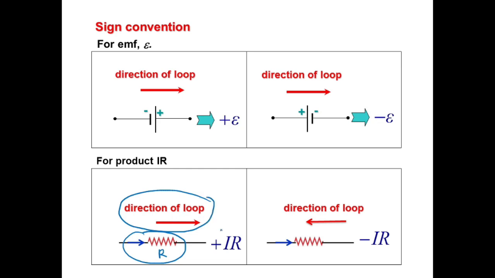If the direction is the same, we get a positive sign, so we assign the IR with a positive sign. If the direction of current inside the resistor opposes the direction of the loop, we assign the product of IR with a negative sign.